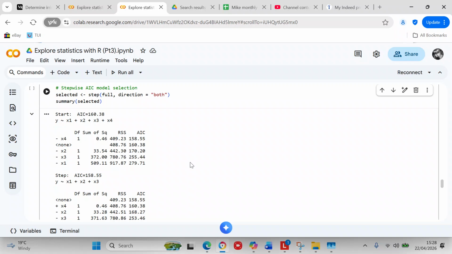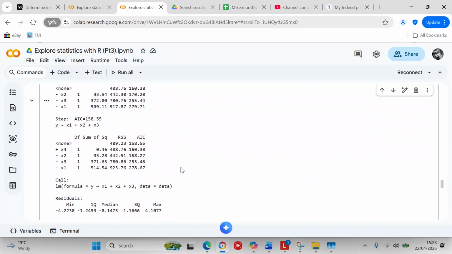So step AIC equals 158.55. So that's y becomes x1 plus x2 plus x3. And then you've got your x4, x2, x3, x1. So you've got your 1 degree of freedom. You've got your sum of squares. You've got your RSS, and you've got your AIC.